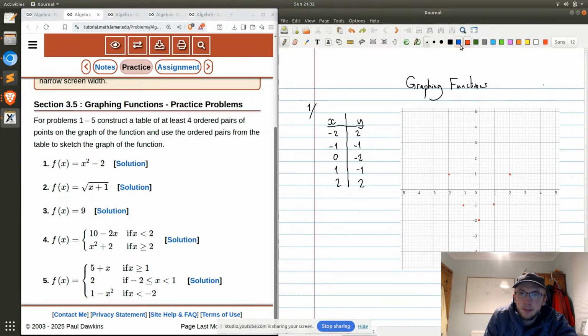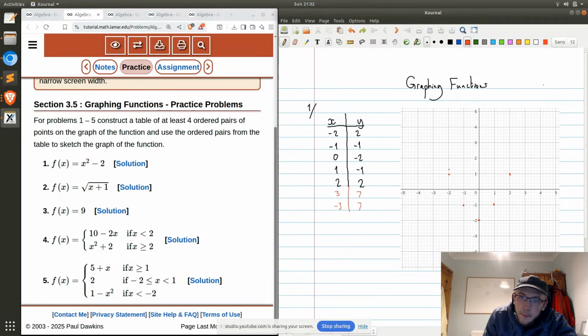Now, extending your table a little bit and putting it out of order, that's totally fine. 3 squared minus 2 is 7. And here will be 7 as well. So these dots will be off the screen. But the most important thing is to make sure that you don't let the curve come out there, because that would mean that it's moved past 3, which is wrong.